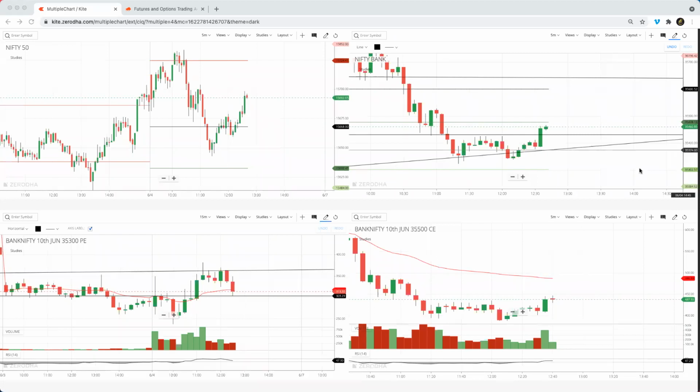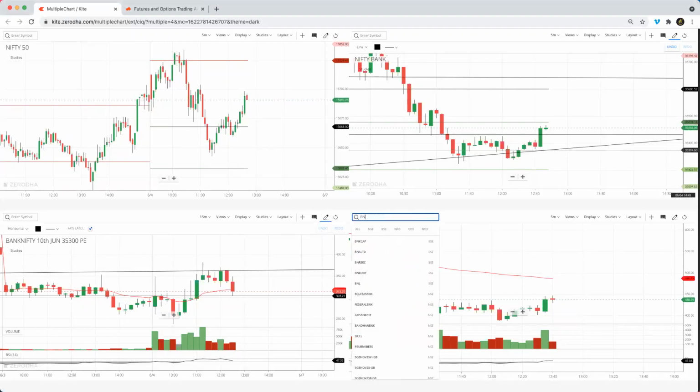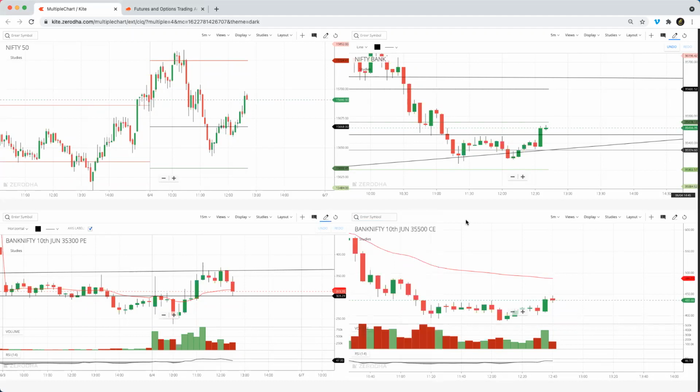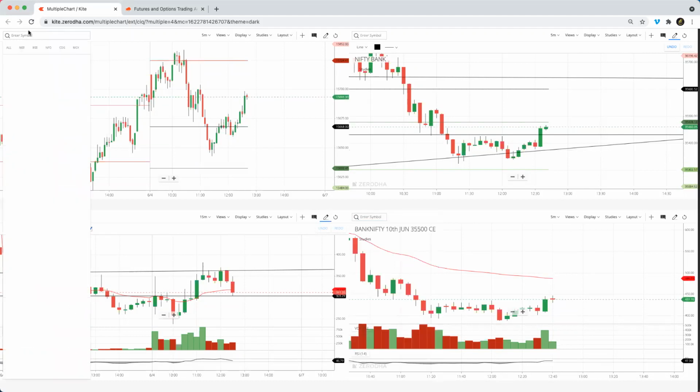The stop loss is not taken out yet. Now the 35,500 call is actually being washed out. I'll just add the Bank Nifty futures chart over here.